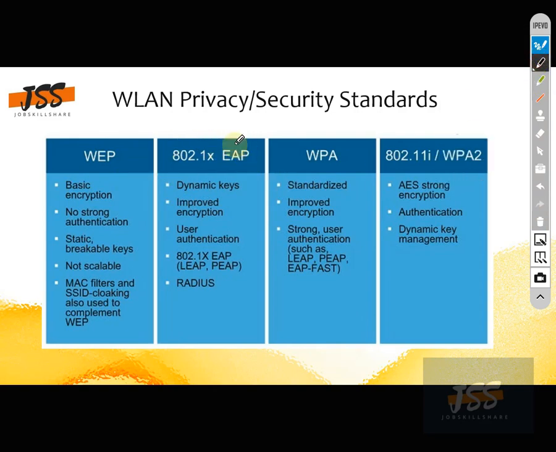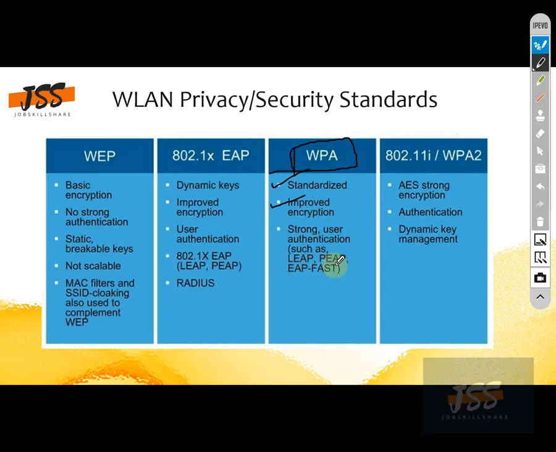So I will skip this one for the time being, and I will jump to WPA, which is known as Wi-Fi Protected Access. This is, you can say, the new concept they came up with. This is a standardized protocol. It has improved encryption and strong authentication.